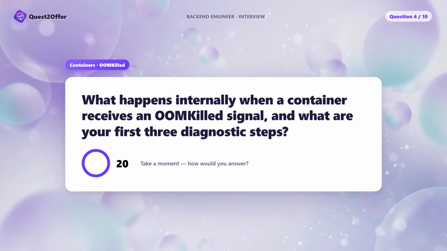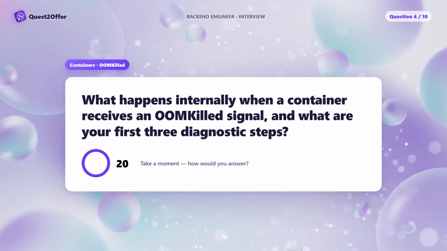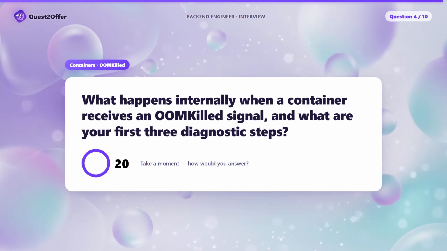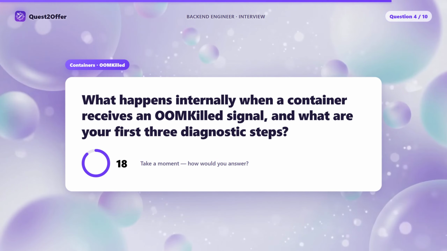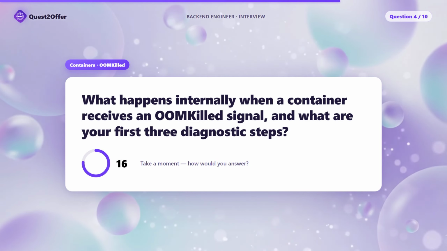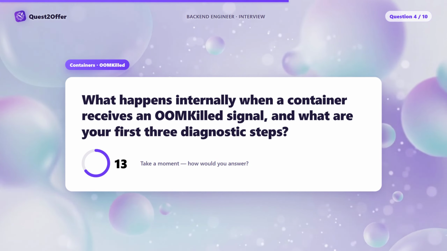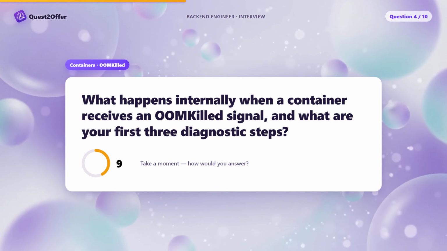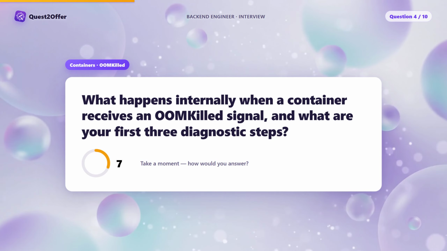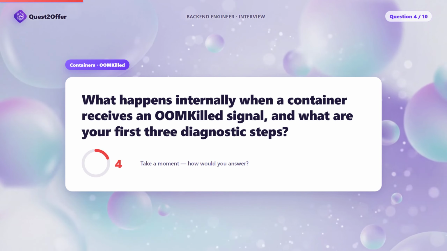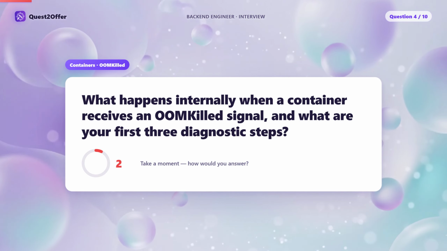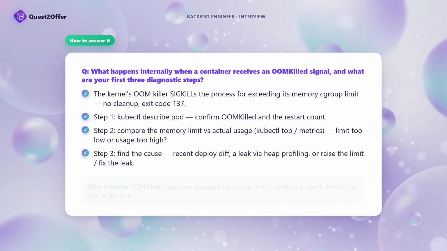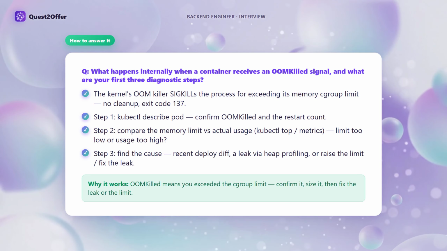Question 4. What happens internally when a container is OOMKilled? And what are your first 3 diagnostic steps? OOMKilled means the kernel killed your process for exceeding its memory limit.